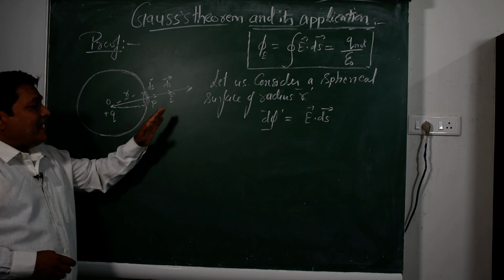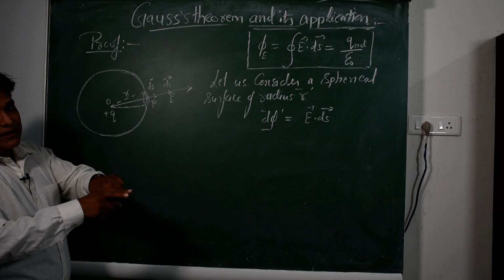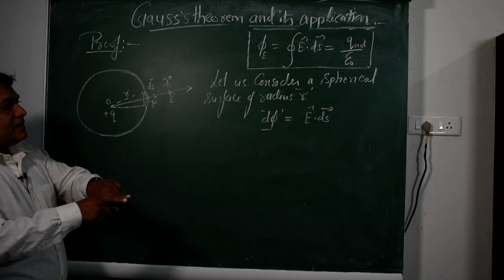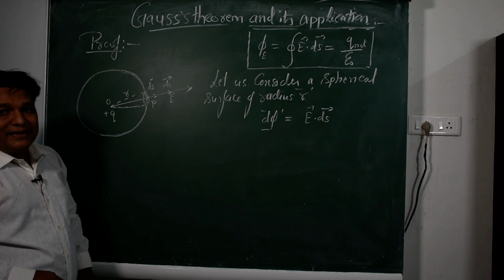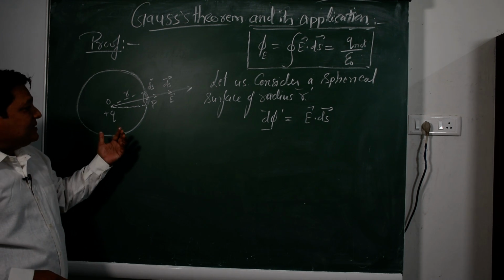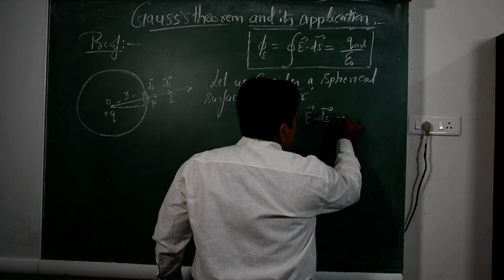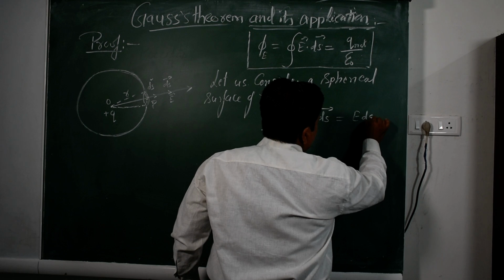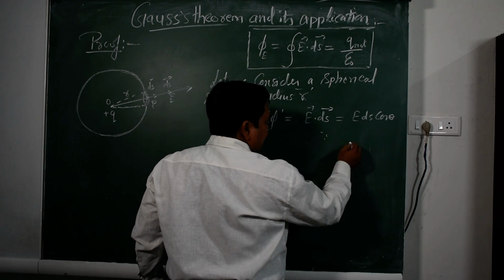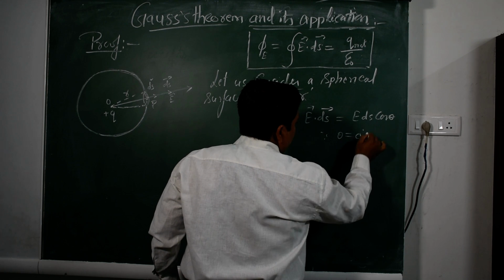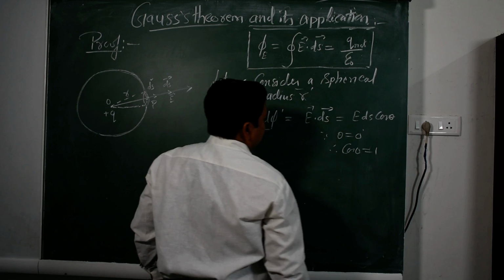So the angle theta between the electric field and the area vector will be 0. It means vector E dot vector ds is E ds cos theta, and theta is equal to 0 degrees, therefore cos 0 value will be 1.